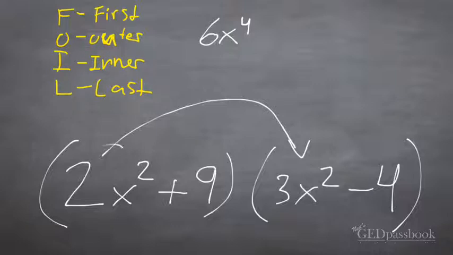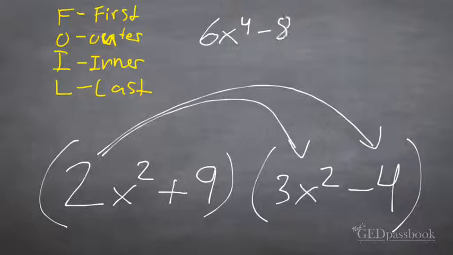You still stick with this first term, and you multiply it with the outer one. What's 2x squared times negative 4? Then you do your inners. What's 9 times 3x squared? Those are the inner ones.